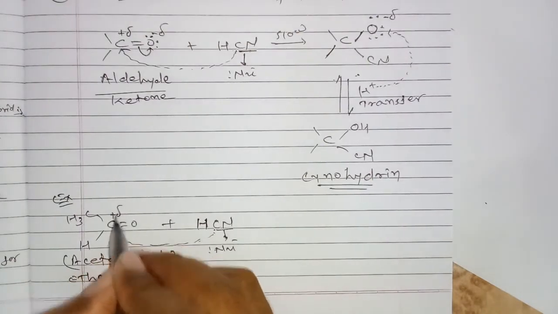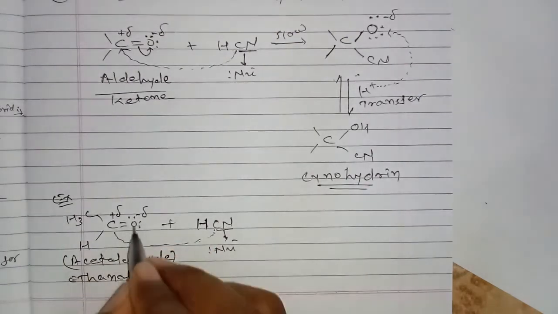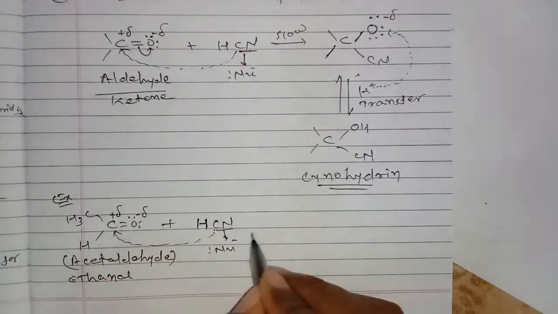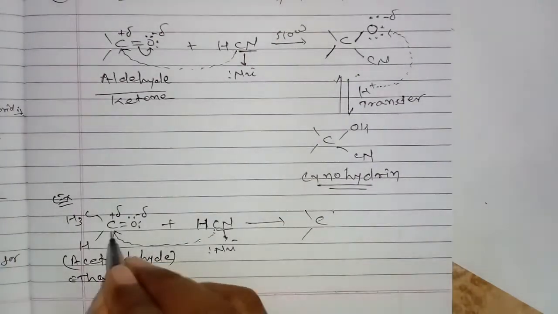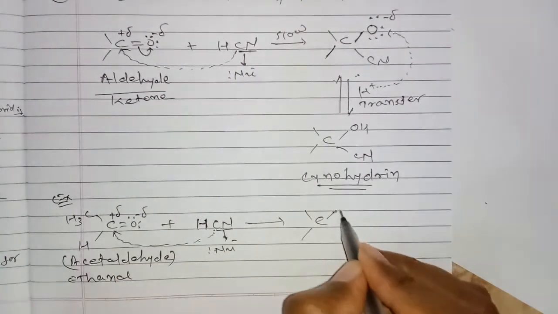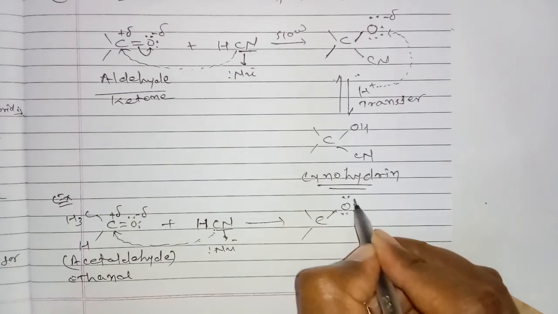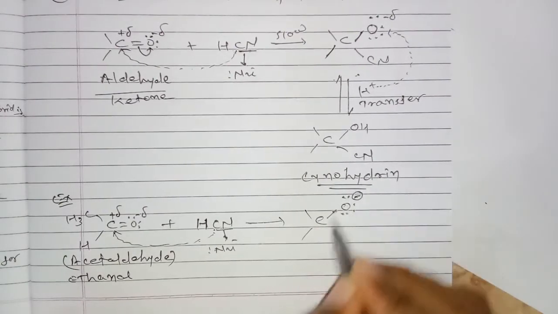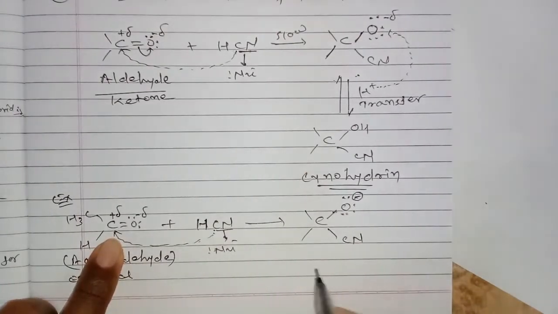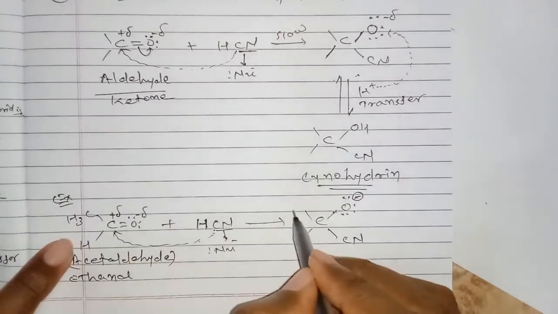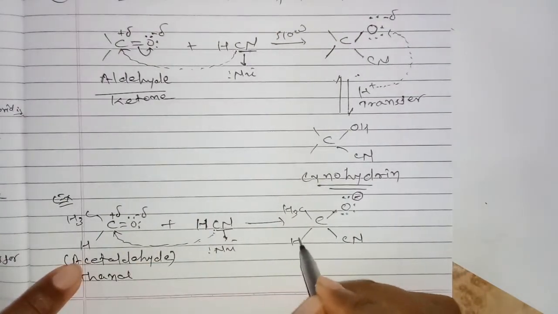So the carbon has a positive charge and the oxygen has a negative charge, and here this double bond will convert to a single bond, and the oxygen has 3 lone pairs of electrons and a negative charge, and here CN is attached, and this will be the same CH3 and hydrogen.